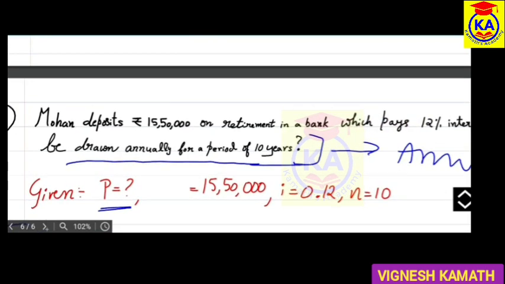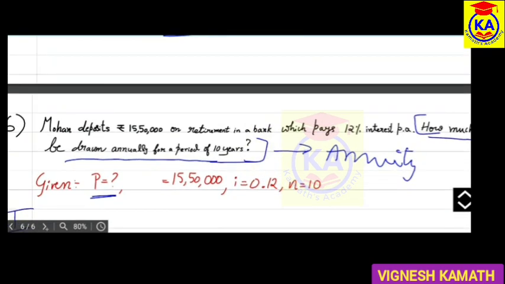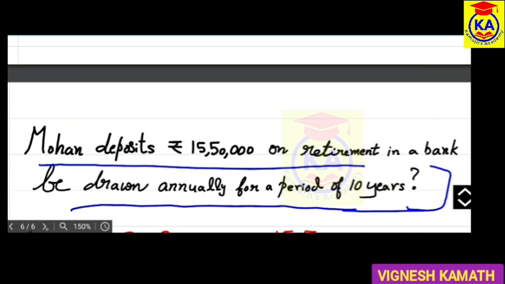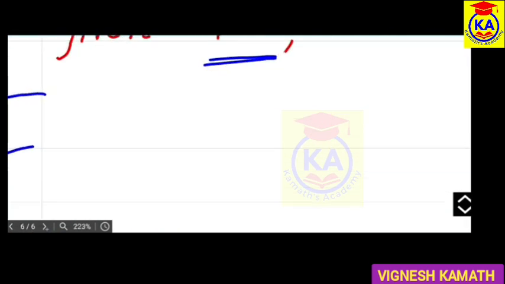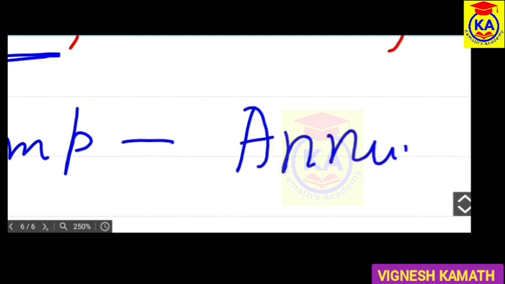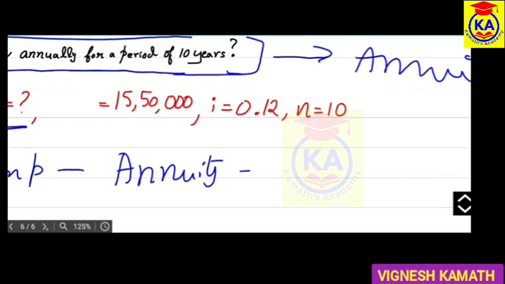Now, Mohan deposits 15,50,000 on retirement in a bank. This means Mohan goes and deposits a huge amount at first, and later he draws annually. So this 15,50,000 is a lump sum. Here first the lump sum is there, later the annuity. Please note, it's a very important question. So this belongs to present value of annuity.